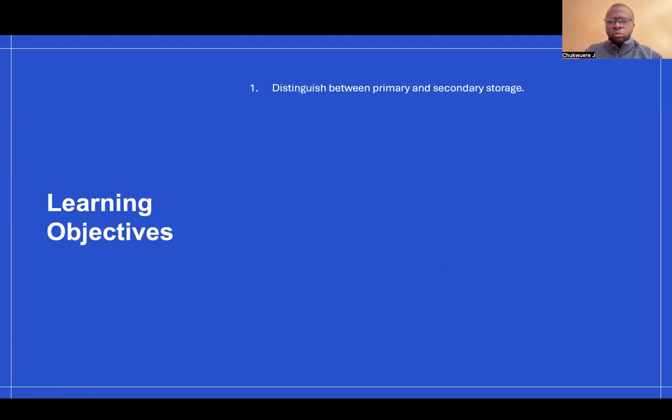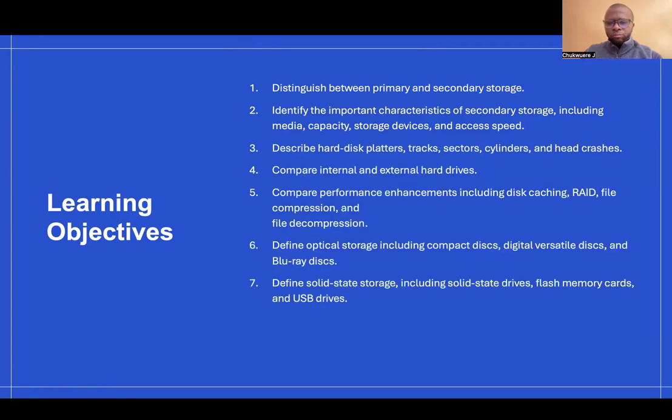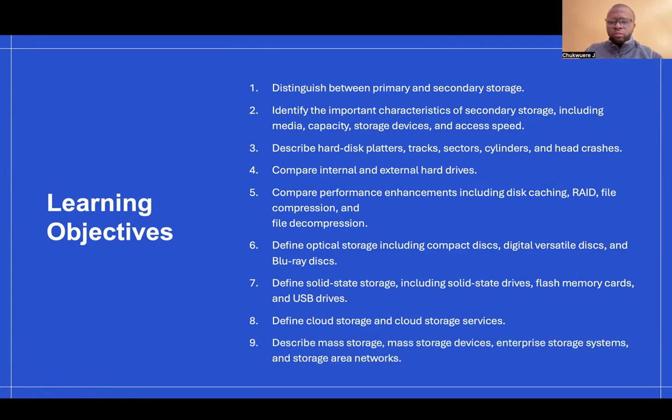By the end of this, you should be able to distinguish between primary and secondary storage, and then identify and implement characteristics of secondary storage, define cloud storage and cloud storage services. And then the last but not the least, describe mass storage devices, enterprise storage systems, and so on.